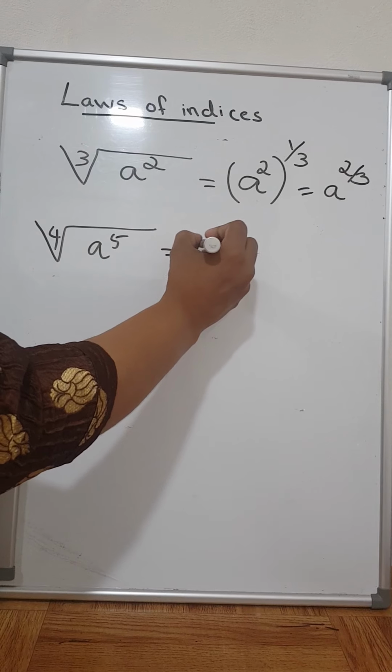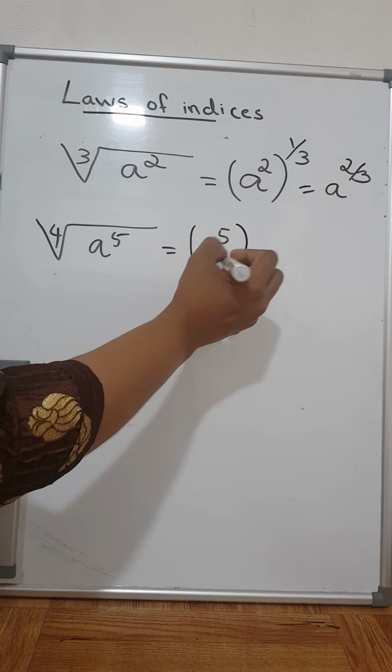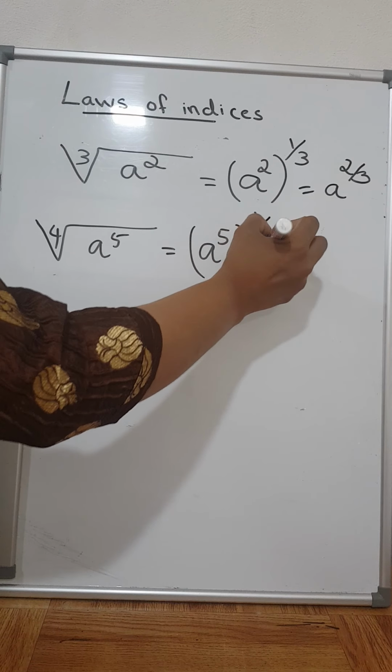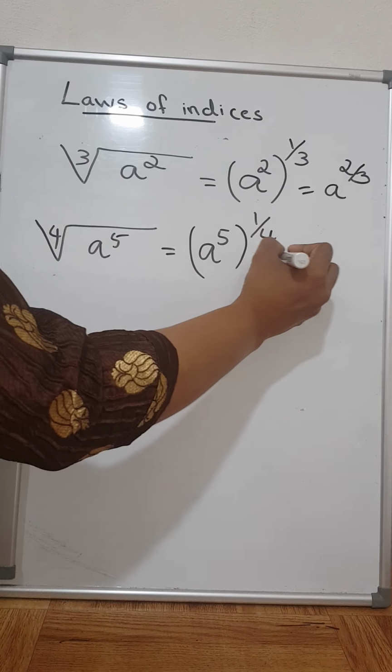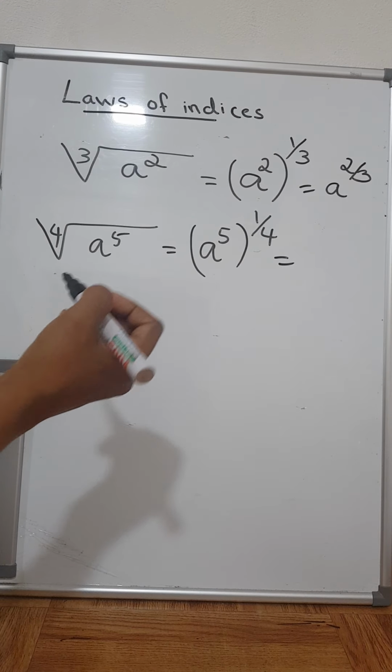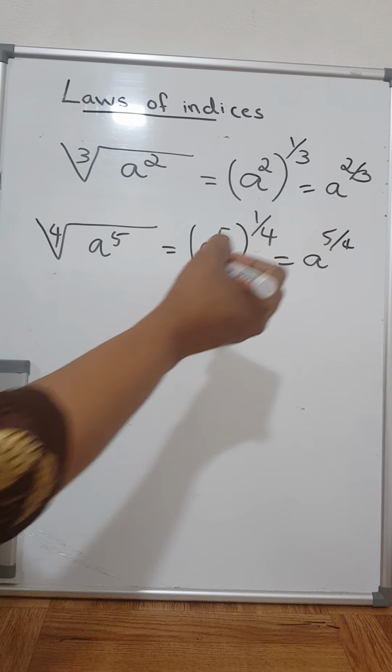We can represent it as (a to the power 5) whole to the power 1 by 4. Again we can further simplify it using power law. So that is a to the power 5 times 1 by 4. That is a to the power 5 by 4.